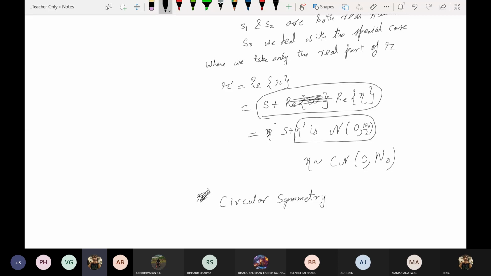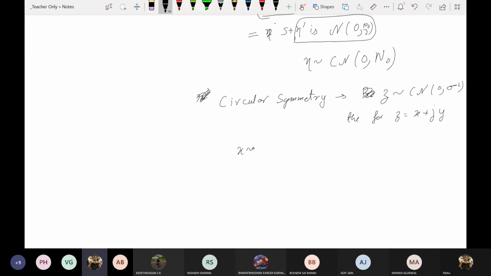What that said was basically that if Z is a circularly symmetric random variable with variance sigma square, then the real part has the corresponding distribution.